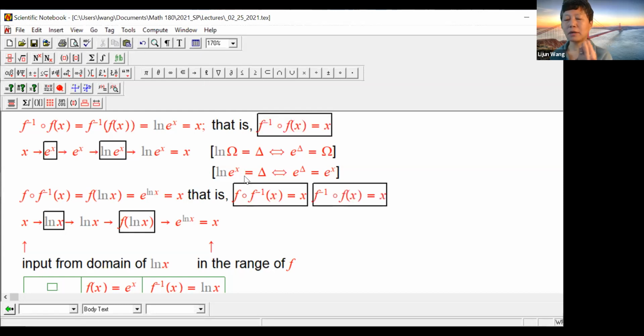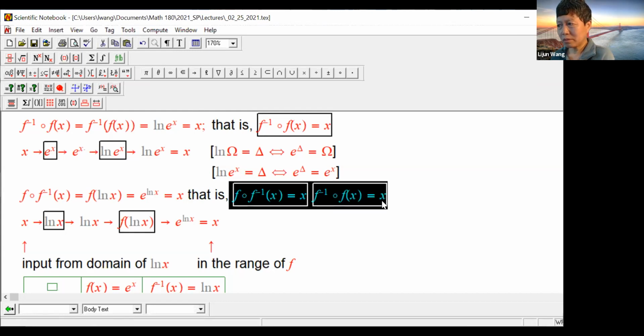Then the question is, we are only studying e to the power x and ln x that has such a property. Is this property satisfied by any pair of inverse functions? And the answer is absolutely yes. Do you follow me? So it's a universal rule in mathematics.